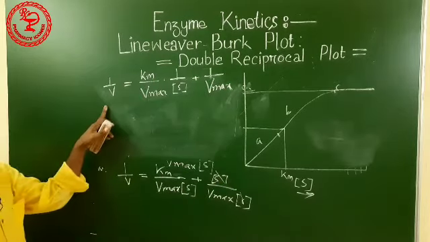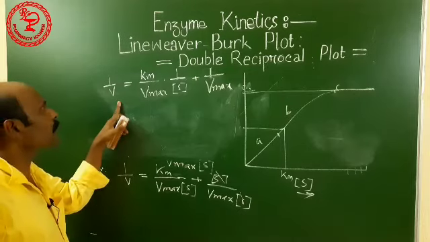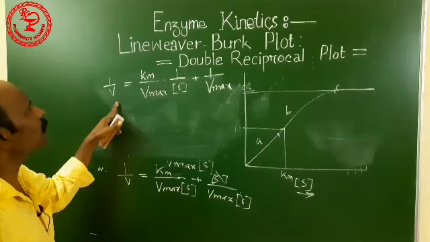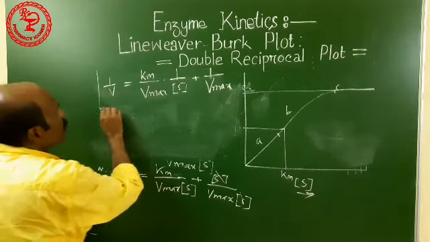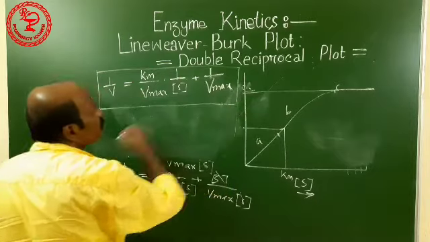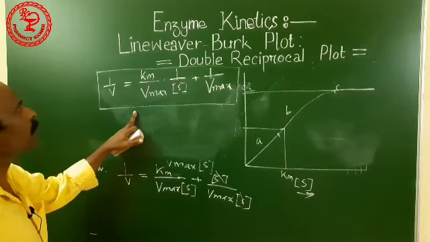This equation is the reciprocal of the Michaelis-Menten equation. This equation is called the Lineweaver-Burk equation.